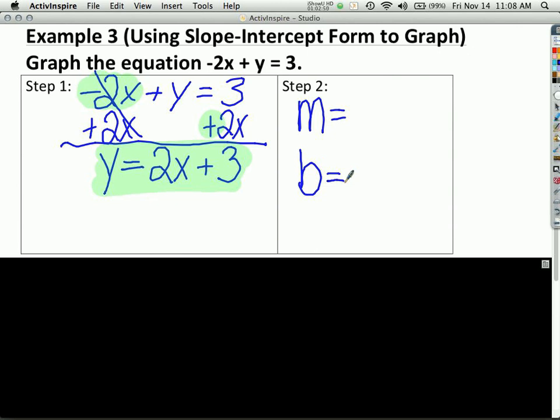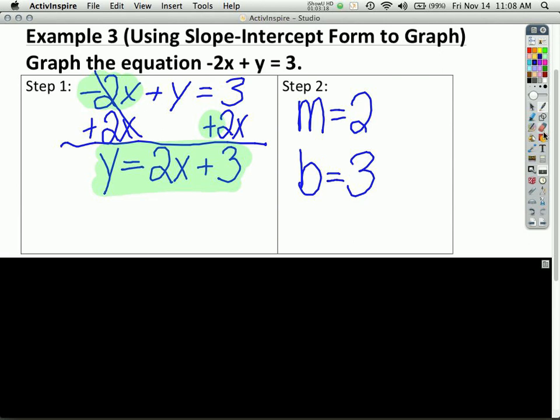I did encourage everyone to put their hands up, but you've got to know what you're talking about. Rose? 2, of course, because y equals mx plus b. And so what's the y-intercept, Andrew? 3. Very good. So now we have simple information that we can use to graph.